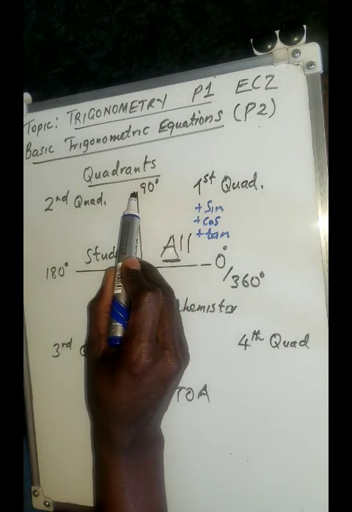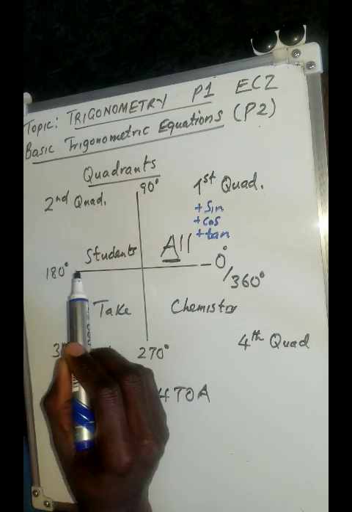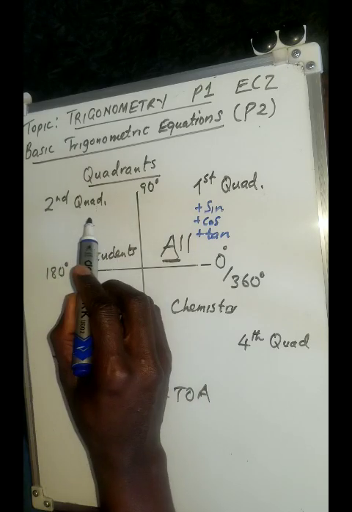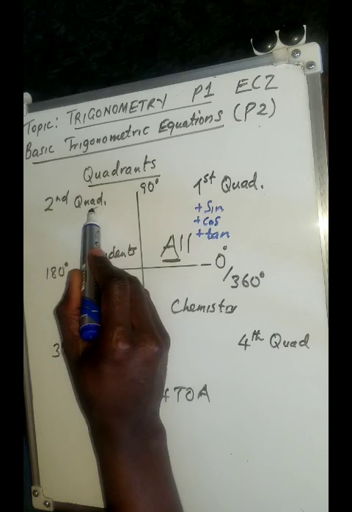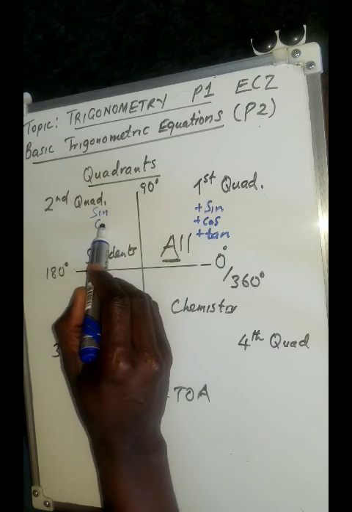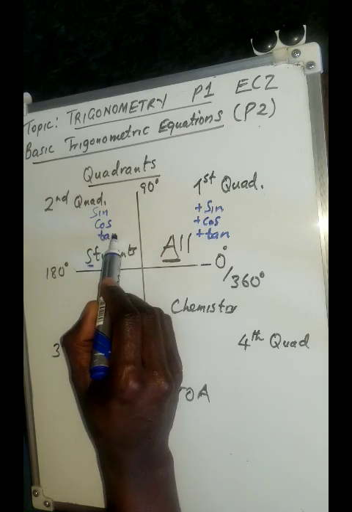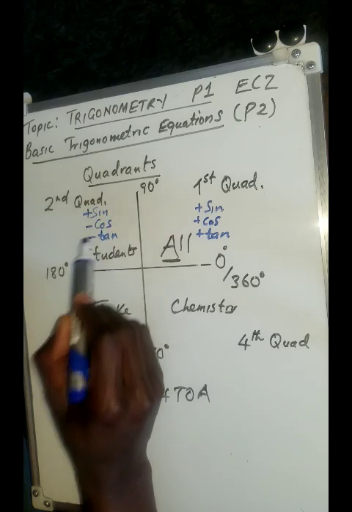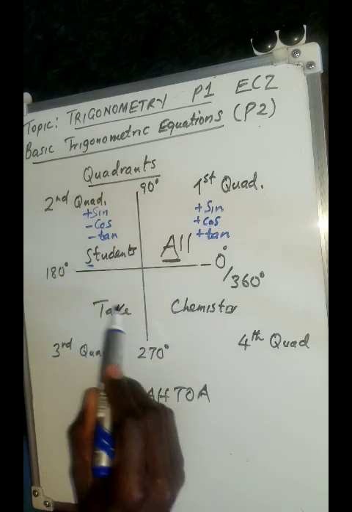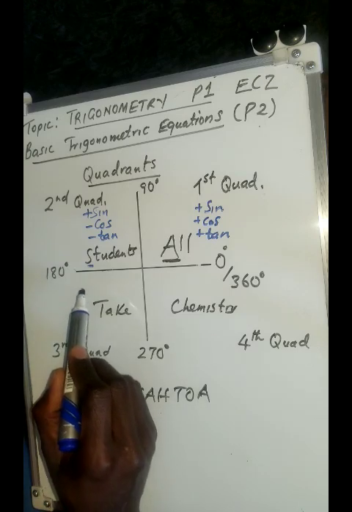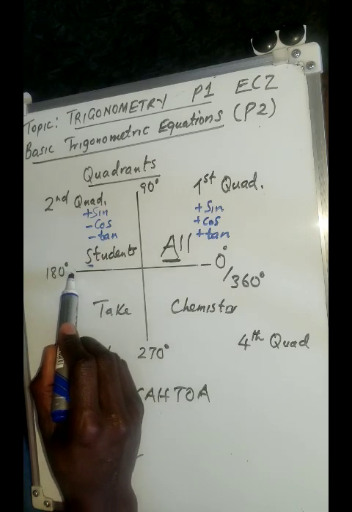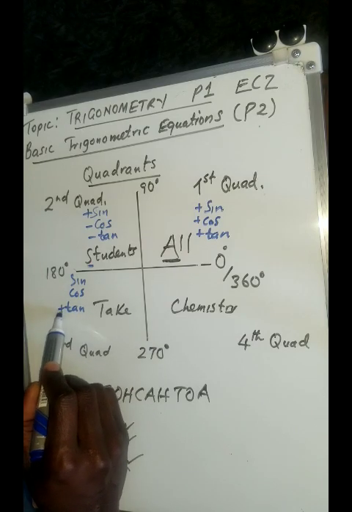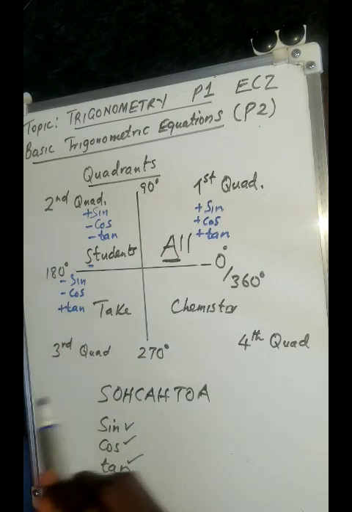Then for angles greater than 90 but less than 180, only sine is positive, but the rest will give you a negative. Then in the third quadrant, you are going to find that it's only tan that is positive, the rest are negative.